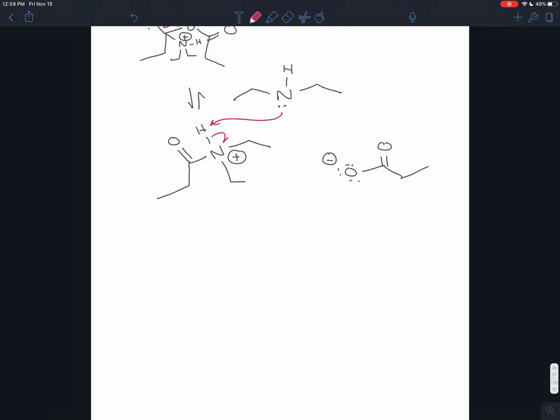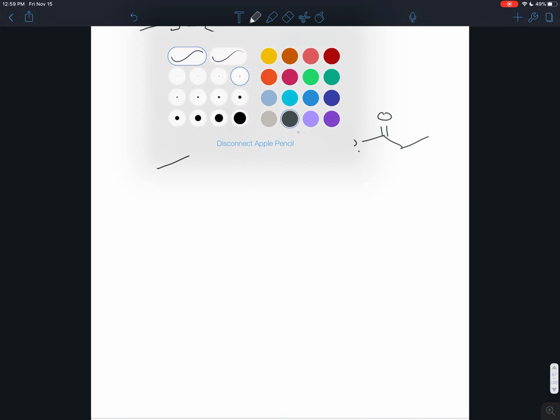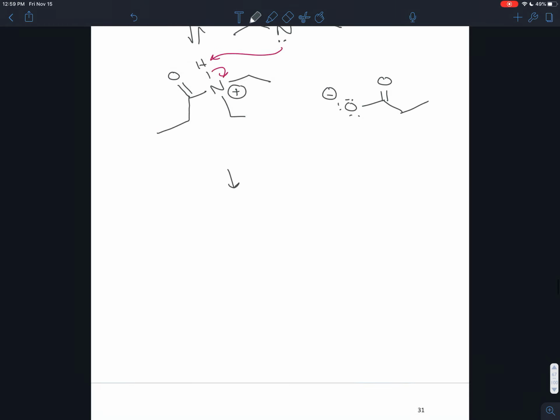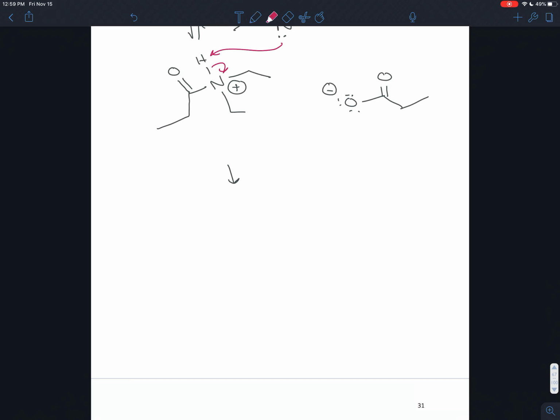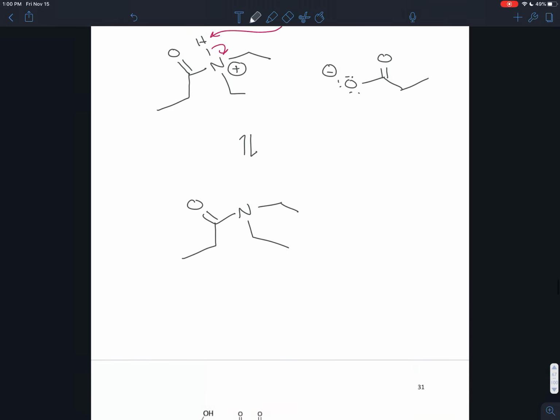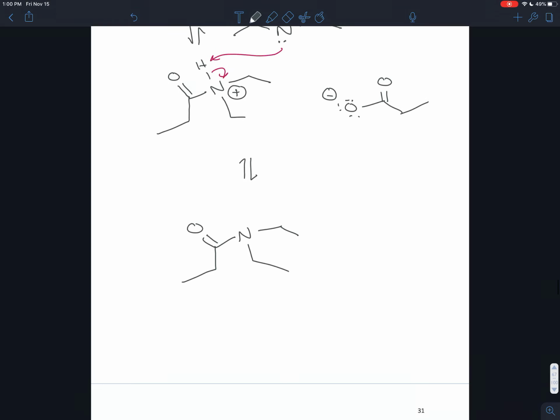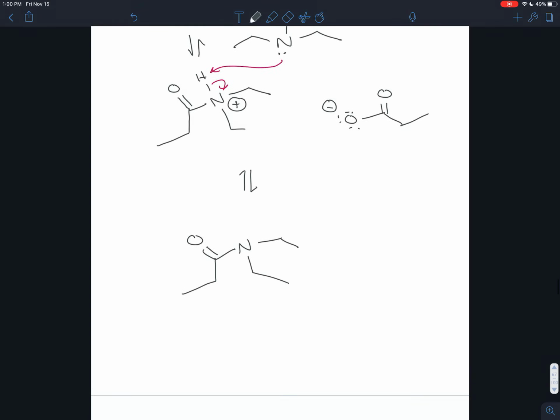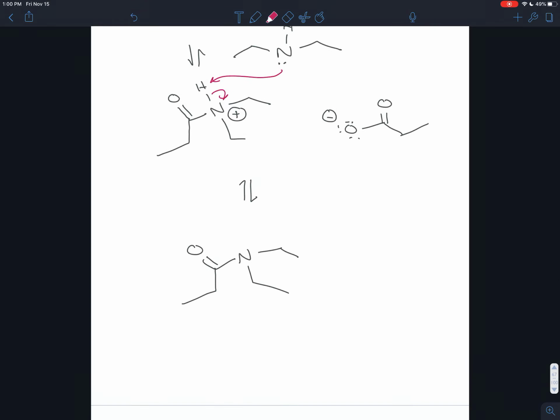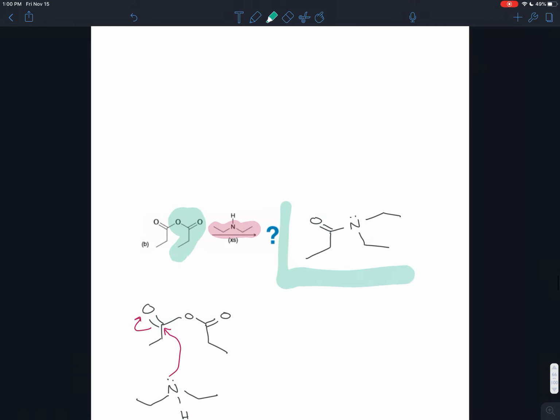When you steal that hydrogen, the hydrogen snaps back onto the nitrogen, and you end up forming a stable amide. So that would be N,N-diethyl propanamide. And that is the molecule that we originally predicted we would get in this nucleophilic acyl substitution reaction.